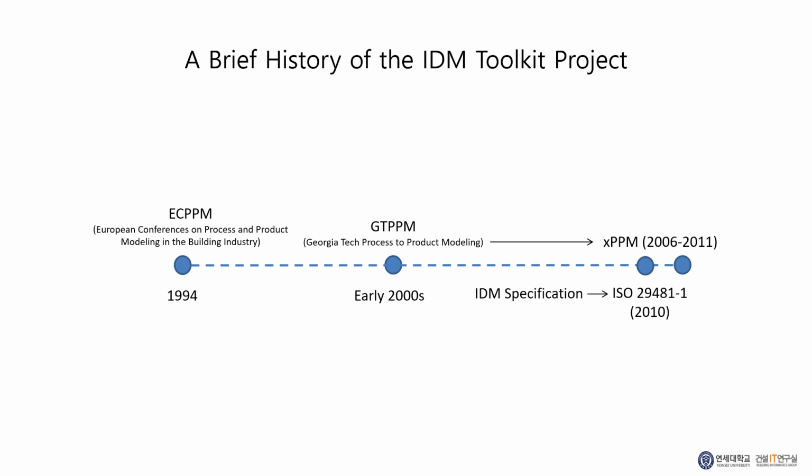So they wrote an IDM specification, which later became ISO 29481 Part 1 in 2010. It was updated in 2016. Currently, the IDM schema is being developed as Part 3 of ISO 29481.